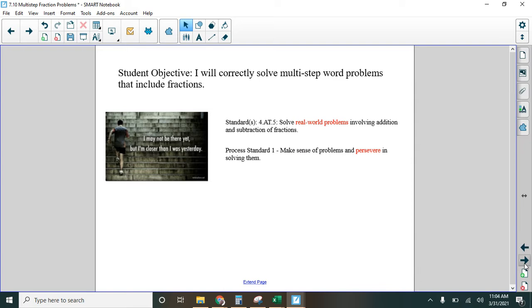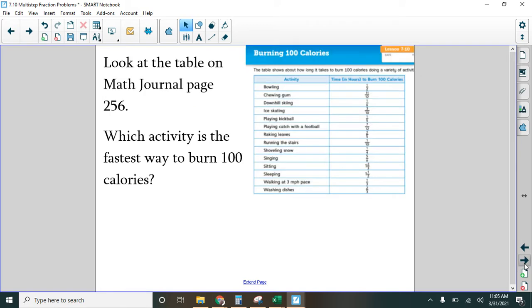Our objective today is to correctly solve some multiple step word problems that include fractions. All of these are going to be related to this chart, which is kind of like an exercise chart.